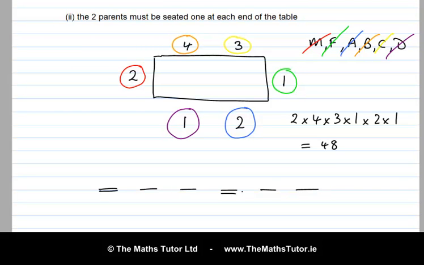And now we know we're choosing among 6 different people, and we know that these 2 slots are the restrictive ones, so we must deal with them first. So for the first one, we must choose among 2 parents, so we've only 2 choices, and here we must choose among 1 remaining parent, so we have 1 choice. And for the other ones, we must choose among 4 children, 3, 2, and 1. And we multiply, we get 48.